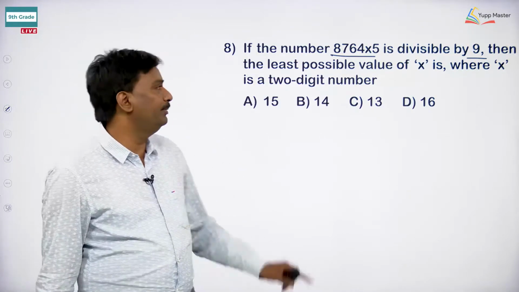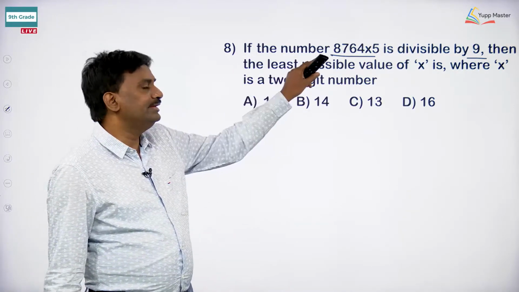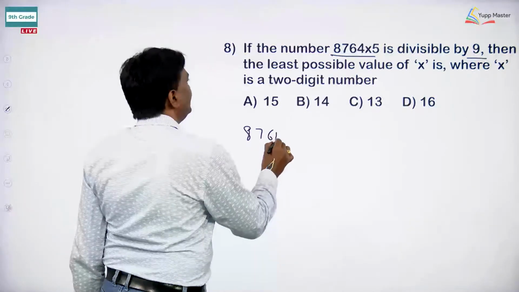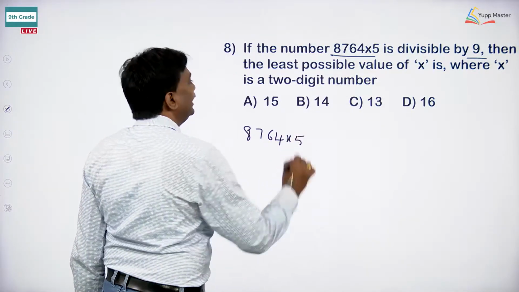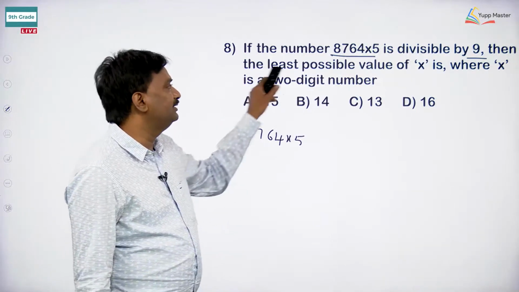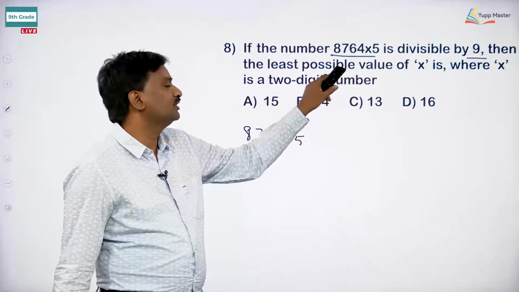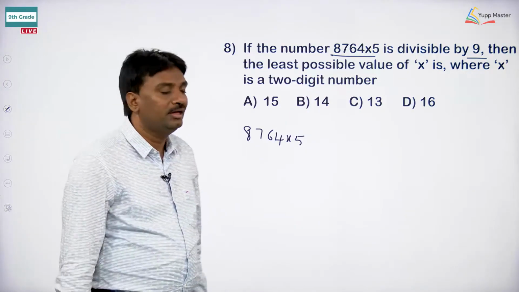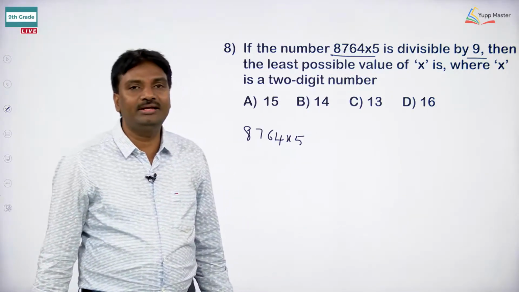But here the problem is, if the number 8764x5 is divisible by 9, then what is the least possible value of x, where x is given as a 2-digit number.